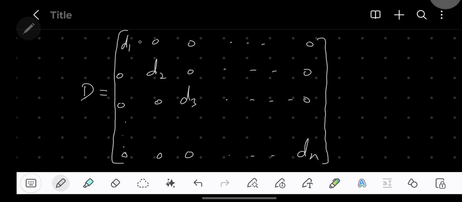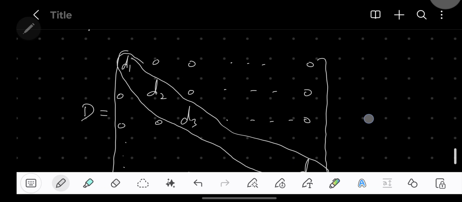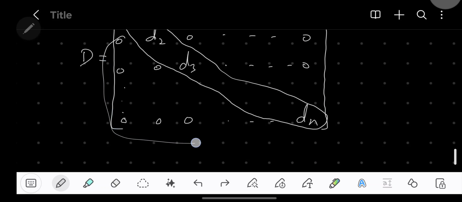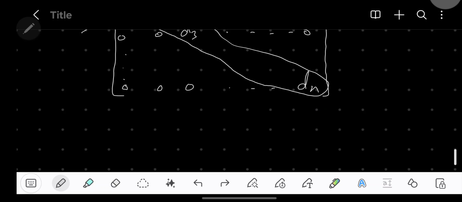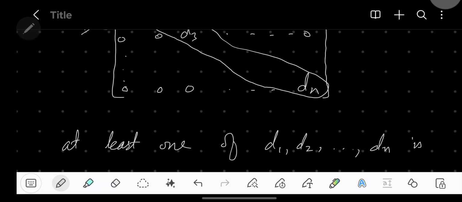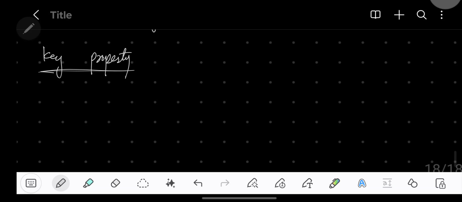You can check here the main diagonal entries are other than 0. Okay, some of them can be 0 but not all, and all the non-diagonal entries are always 0, here also and down also. Okay, here I can write that not all the main diagonal entries are 0. So I will write at least one of the diagonal entries is not 0.